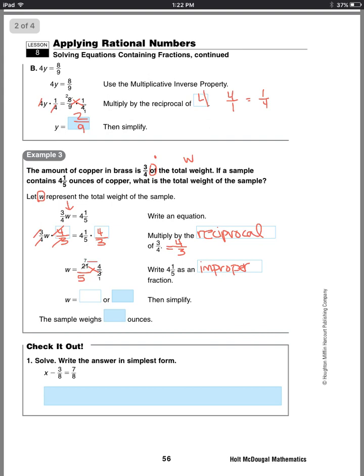And then we multiply straight across. 7 times 4 is 28. 5 times 1 is 5, or we do division. 5 goes into 28 5 times. 5 times 5 is 25. Subtract and get 3. That's your numerator, and your divisor is 5. So it's 5 3/5. So the sample weighs 5 3/5 ounces.